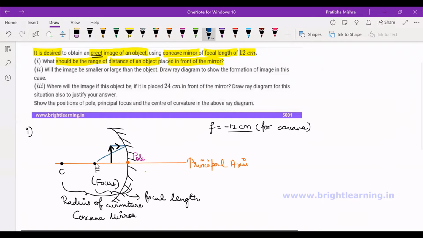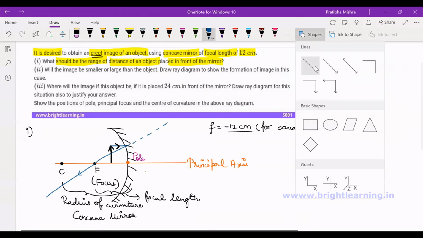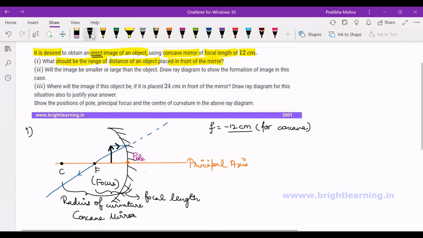I will make sure that this passes through the point of focus. Okay, and then I will also trace it towards the back. Similarly, I will take one more incident ray of light, and this time I want to make sure that it passes through the center of curvature itself.